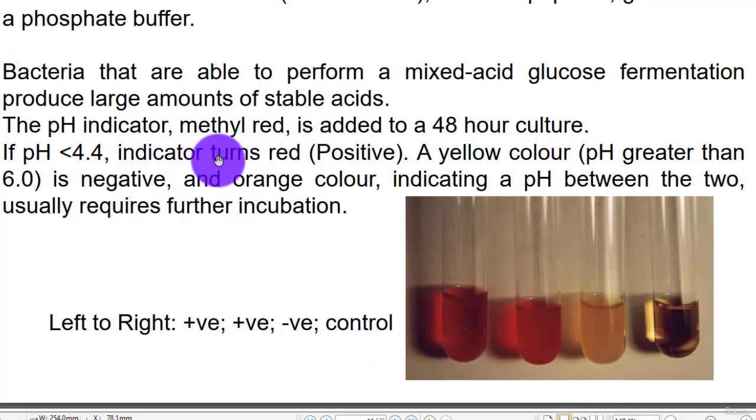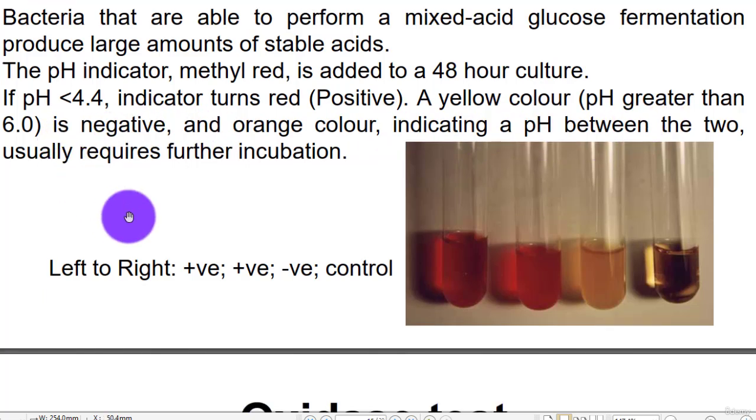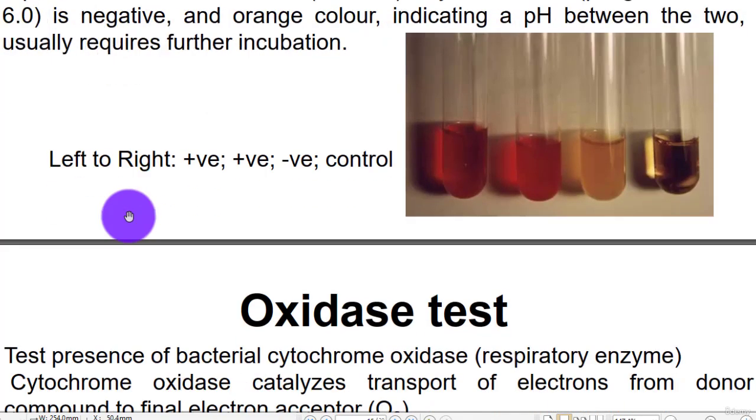The pH indicator methyl red is added to a 48-hour culture. If the pH is less than 4.4, the indicator turns red, positive. A yellow color at pH greater than 6 is negative, and an orange color, indicating a pH between the two, usually requires further incubation.